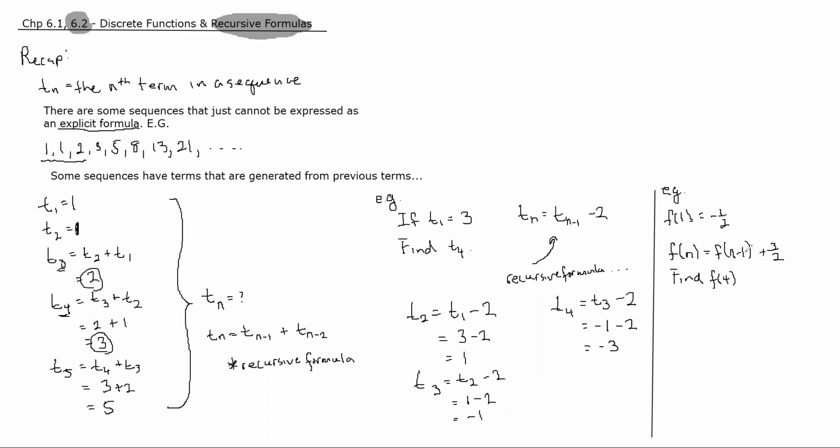Again, if you want f4, you need f3. If you want f3, you need f2. And if you want f2, you need f1. So let's do it. f of 2 would be half plus 3 over 2, which is 2. f of 3 is equal to f of 2 plus 3 over 2, which is 1 plus 3 over 2, which is 5 over 2. That means f of 4 is 5 over 2 plus 3 over 2, which is 8 over 2. That's a 4. Done.